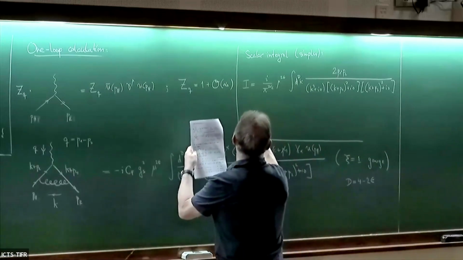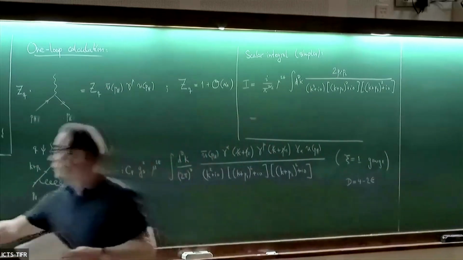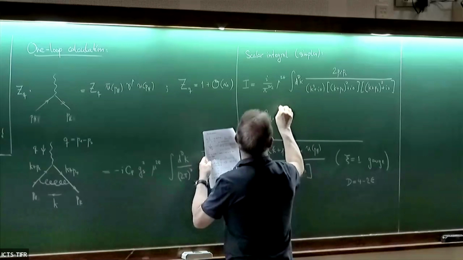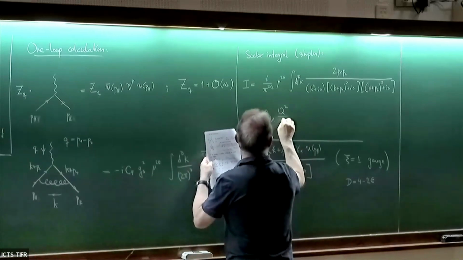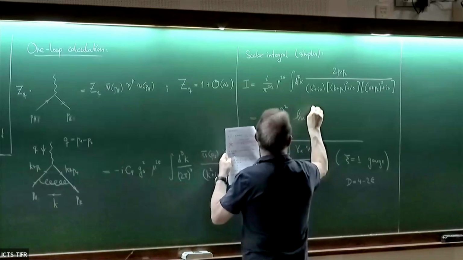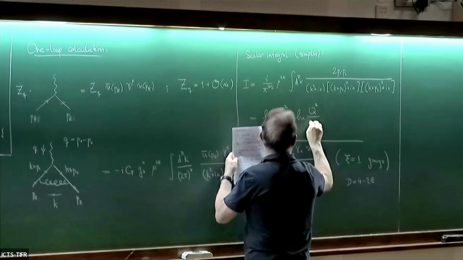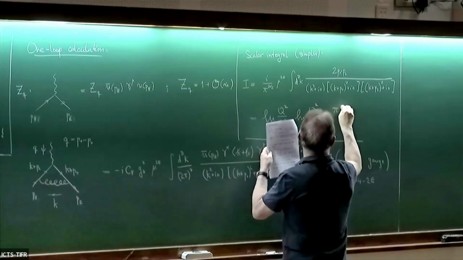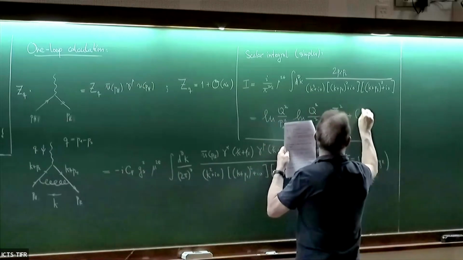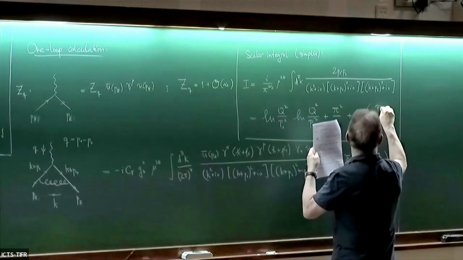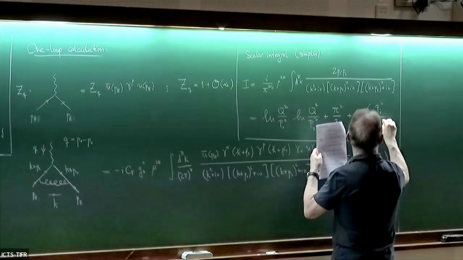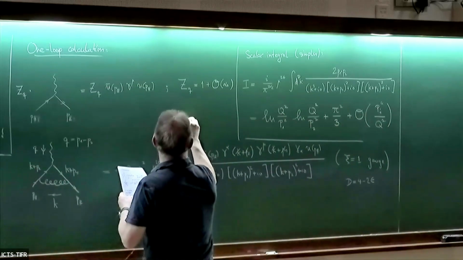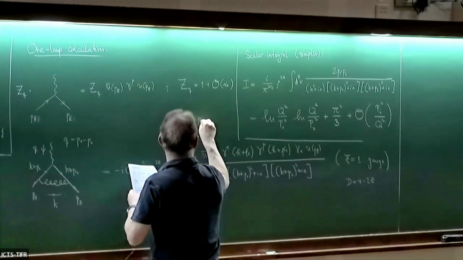You can calculate it, and what you find in the limit where q square is much bigger than p square is that this is log of q square over p1 square times log of q square over p2 square plus pi square over 3, plus terms of order p squared over q square, where pi squared is minus little pi squared.